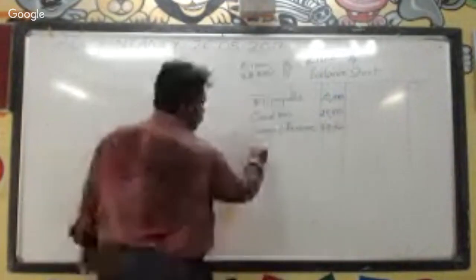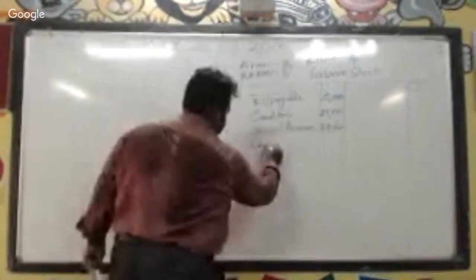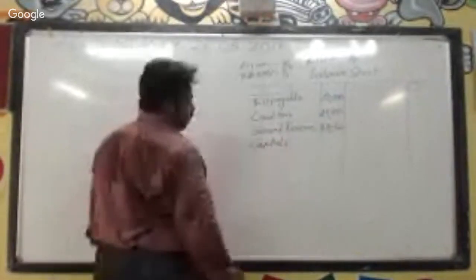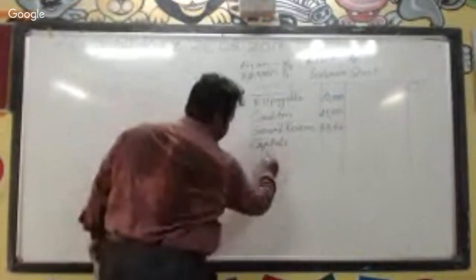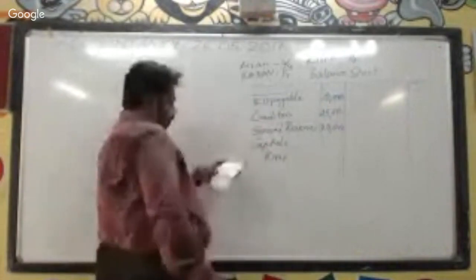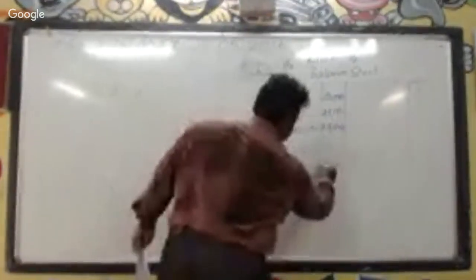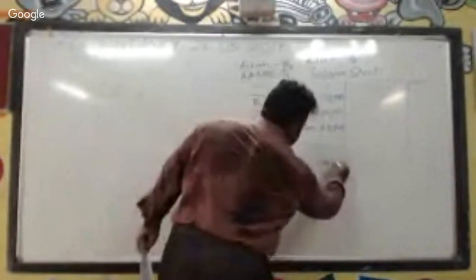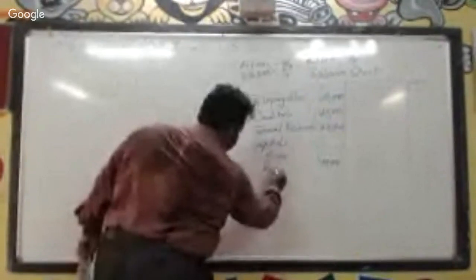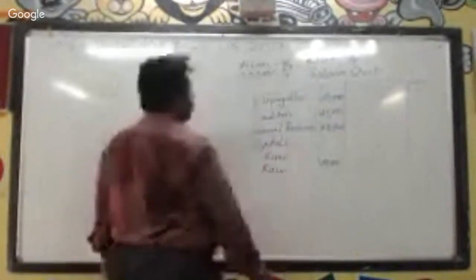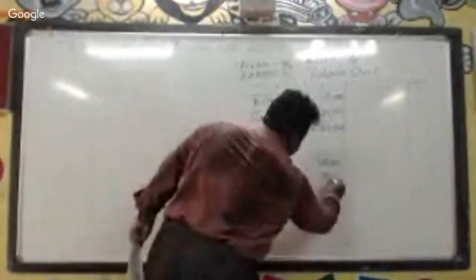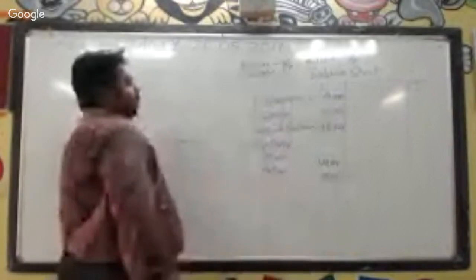He has given the capitals. Capitals of the old partners will be given in the old balance sheet. That is Kiran, how much is the capital? 1,50,000. And next, current capital, how much? 15,000.